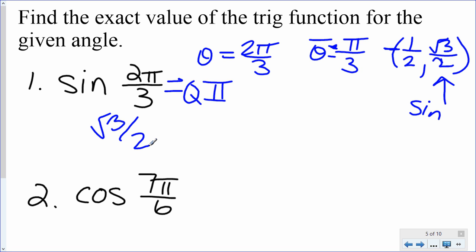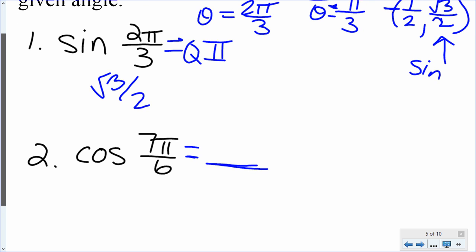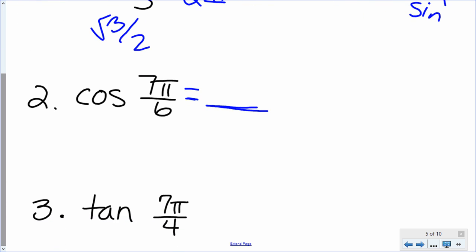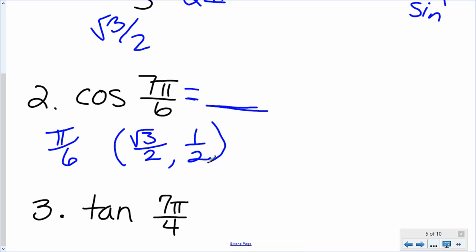All right. Cosine of 7 pi over 6. I'm going to put a blank there this time. We want to find cosine of 7 pi over 6. So again, think of the reference angle. The reference angle is pi over 6. Think of that ordered pair: square root of 3 over 2, comma 1/2. Think about which quadrant 7 pi over 6 is in. 7 pi over 6 is in quadrant 3.